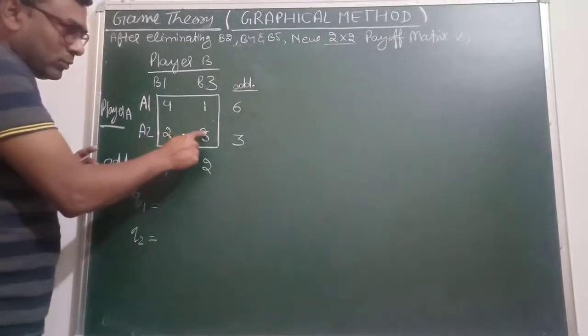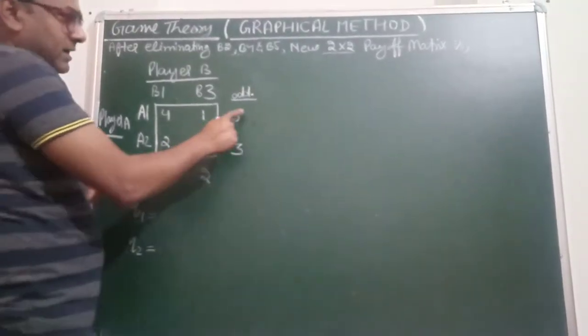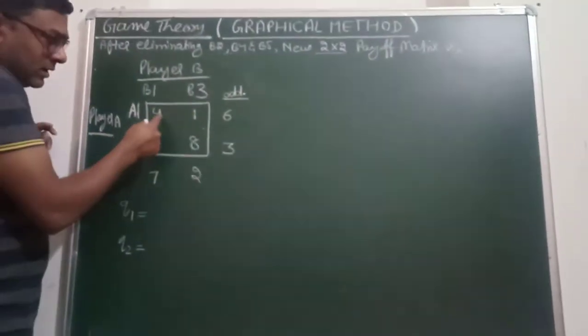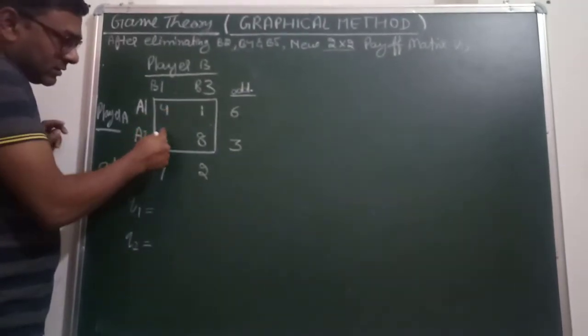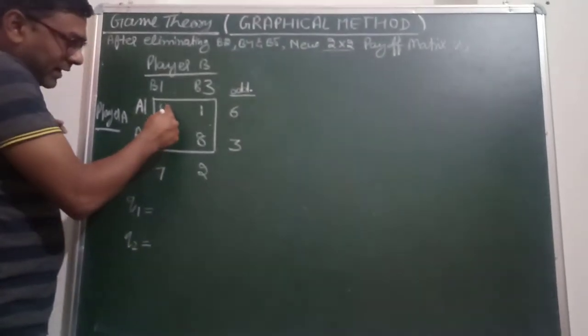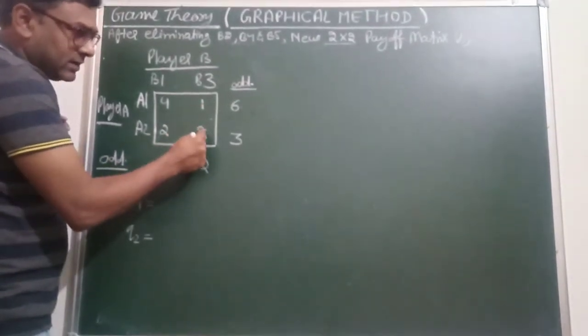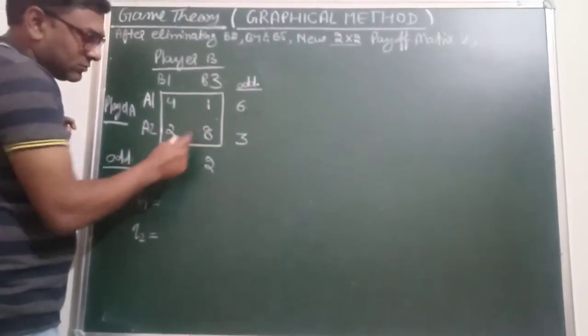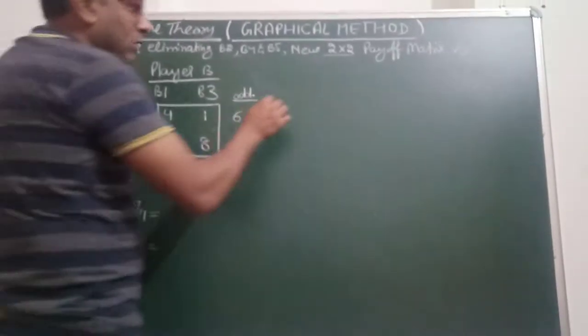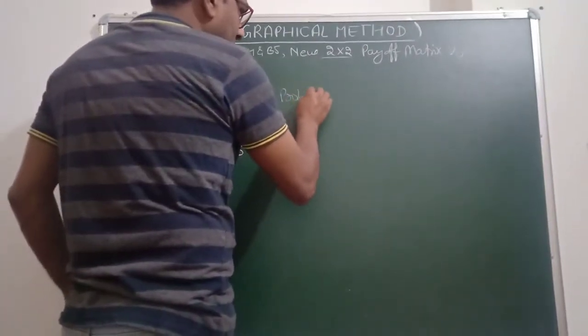Similarly, subtract 2 from 8, that comes out to be 6, and it is written here. Now for the columns, subtract 2 from 4, which gives 2, and write the 2 here. Similarly, subtract 1 from 8, and 8 minus 1 equals 7, and write it here. Now we can find the probabilities.